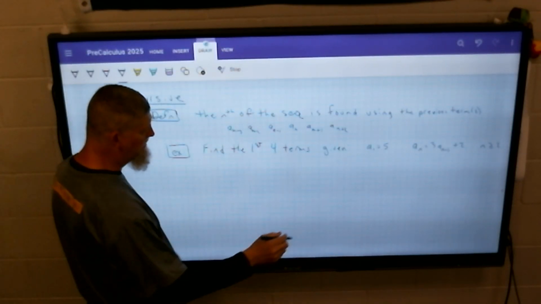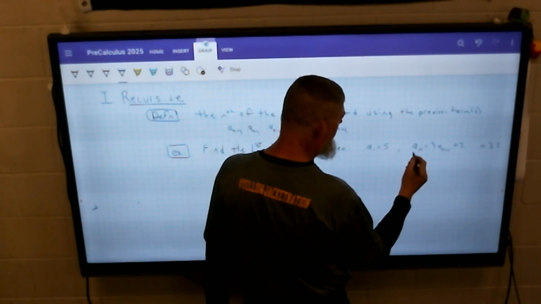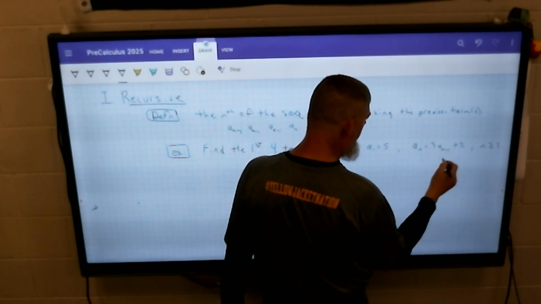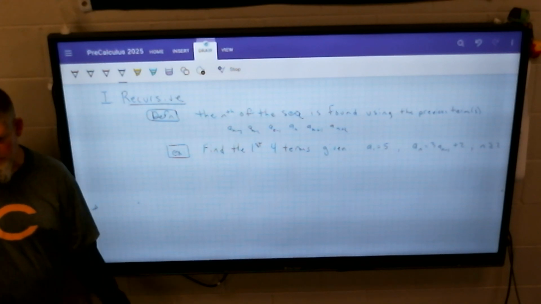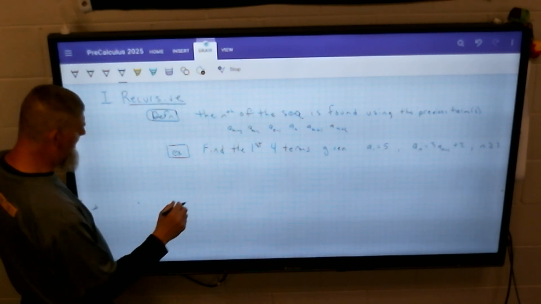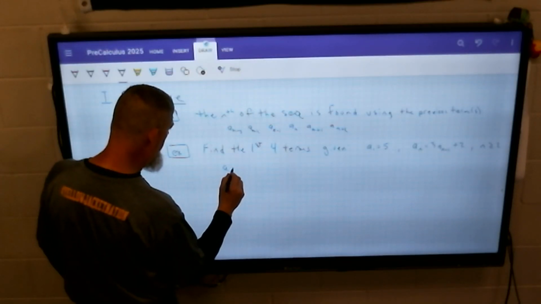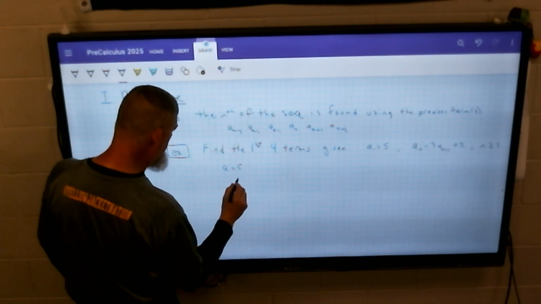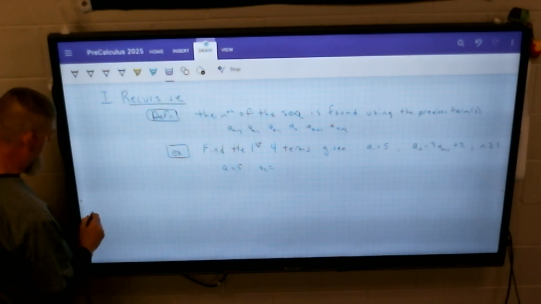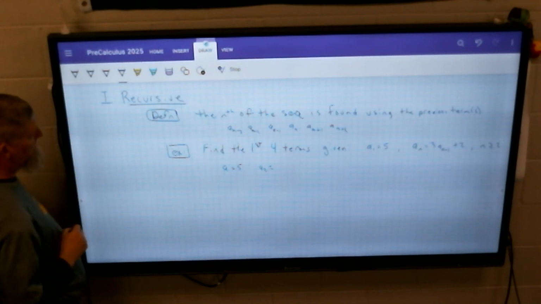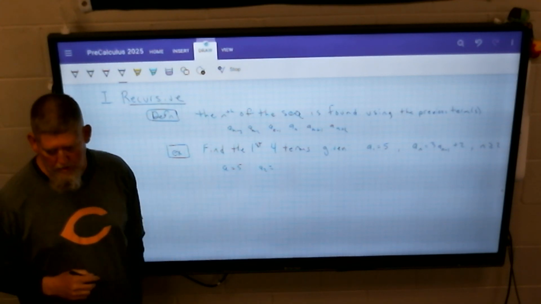So we're given 3 things. We're given a first term, we're given a formula to find the next one using the recursive formula, and then we're limited to n has to be greater than or equal to 2, which means you have to do the first one. Okay, so a sub 1 we know is 5. What's a sub 2? How would you find a sub 2?